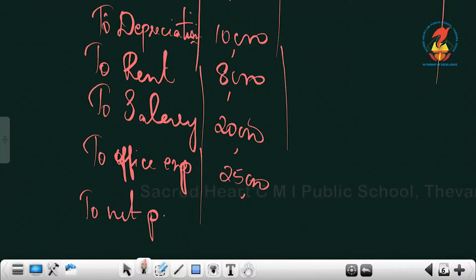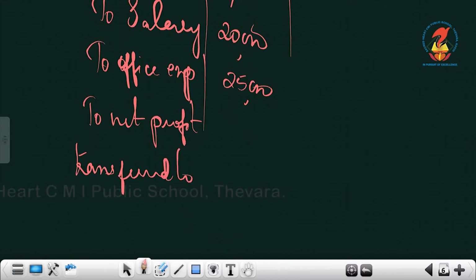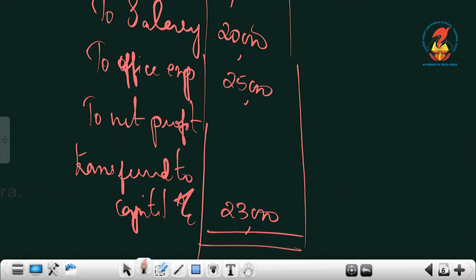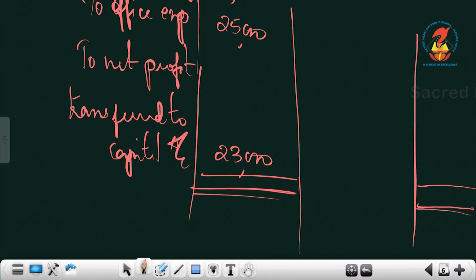So shortage on the debit side. To net profit, what I have to write is, how did we write in the previous question? Transfer to capital account. The amount is 23,000. So P&L is over now. You can double line the totals. Both sides must be written on the same line.